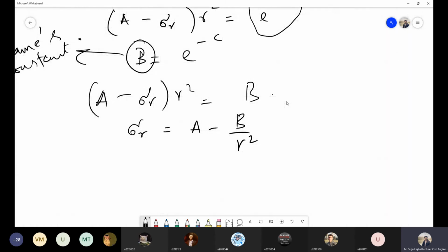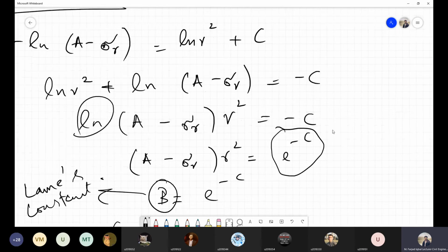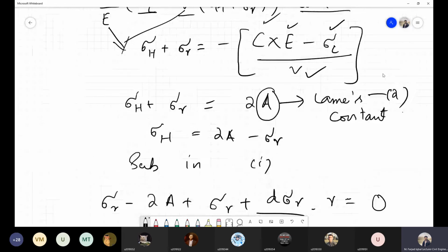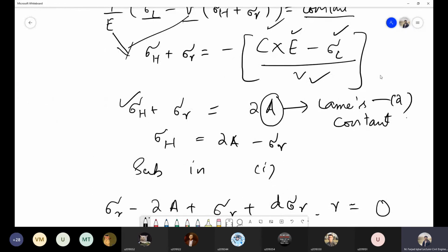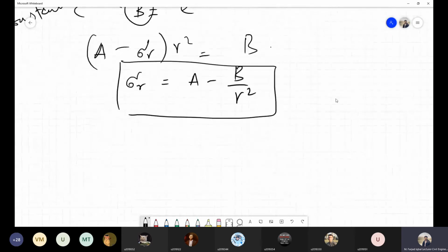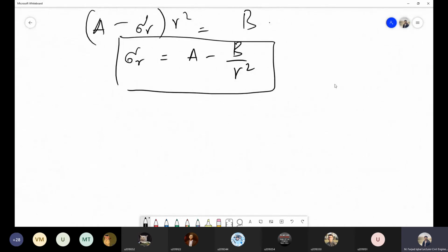Now this is one equation for the calculation of radial stresses, and if I substitute this one into our original equation 2, which is over here, I can get the equation for hoop stress in terms of this a and b.